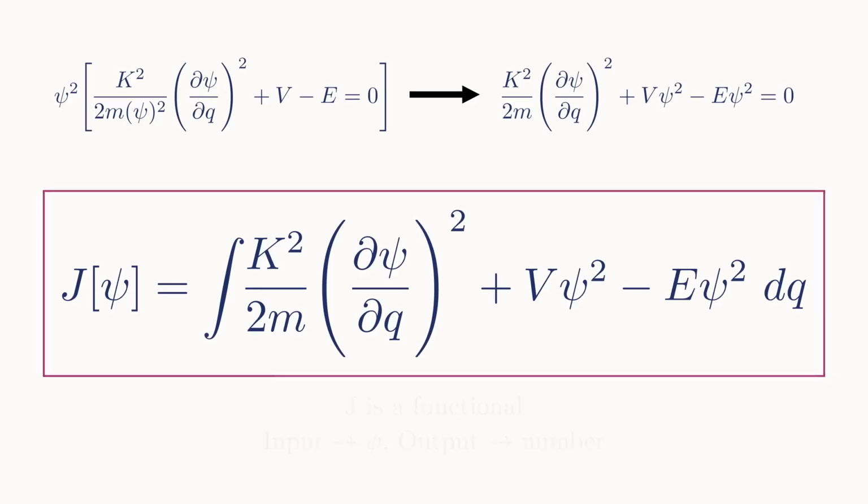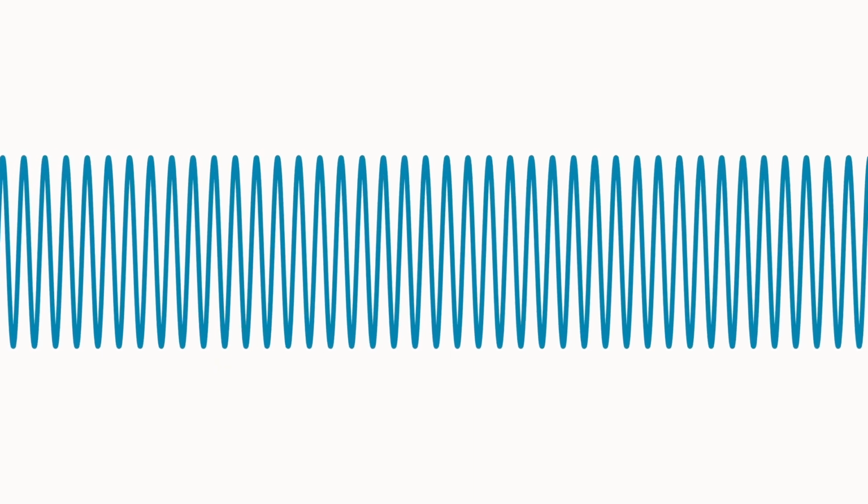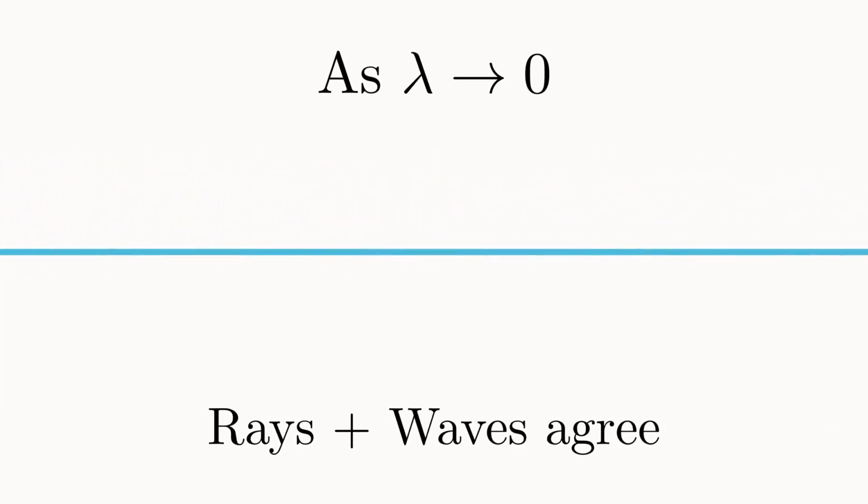This is the most critical juncture of the derivation, and where Schrödinger takes the incredible leap of insight that no one before him had ever taken. You see, though Hamilton proposed a beautiful framework that united optics and mechanics, it really only works in a certain limit. In optics, only when the wavelength is short does the ray description match the wave description.